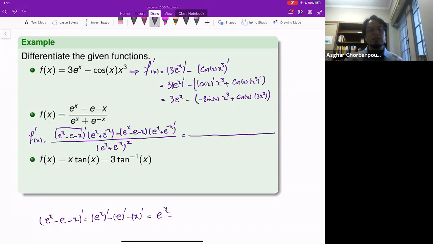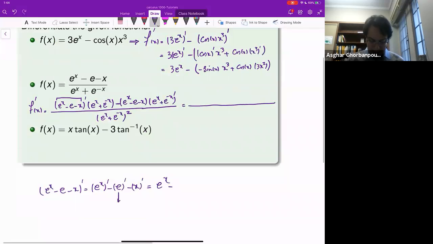Don't confuse e with the function e to the power x. E is just a constant. It doesn't have any x in it. It means that when we're differentiating, we have to apply the constant rule, which will be 0. And the derivative of x is just 1. So this is e to the power x minus 1. I'll write it up there.